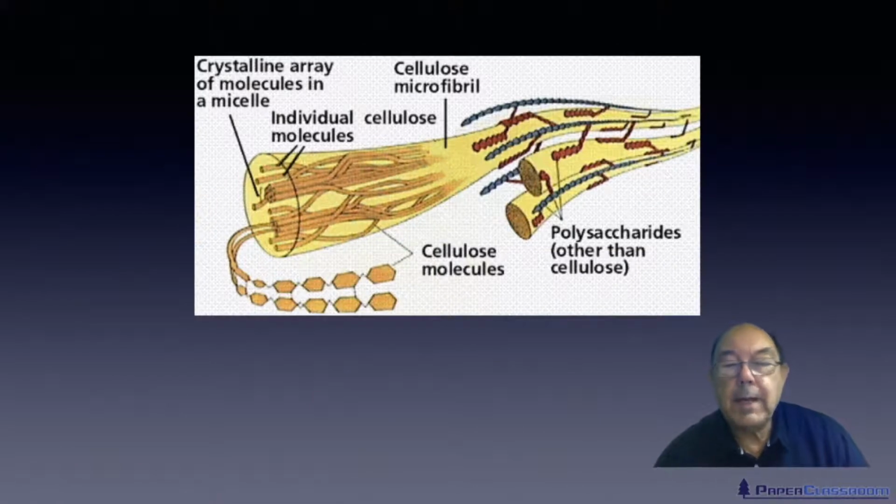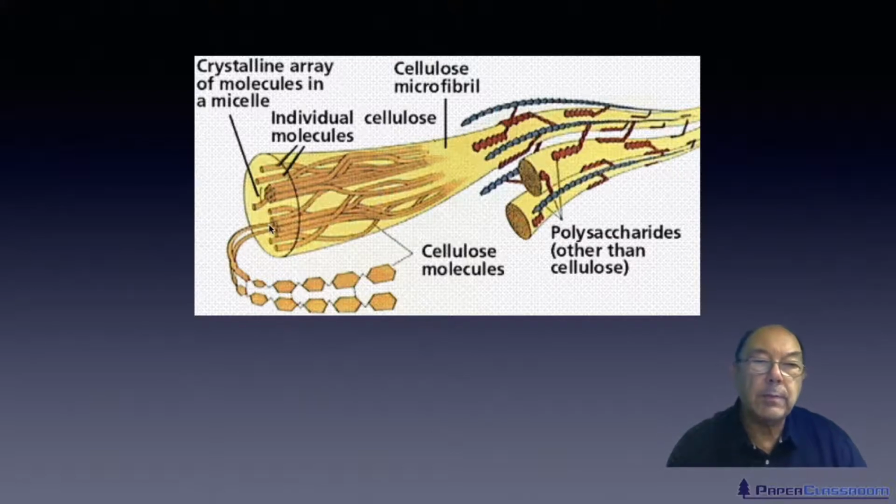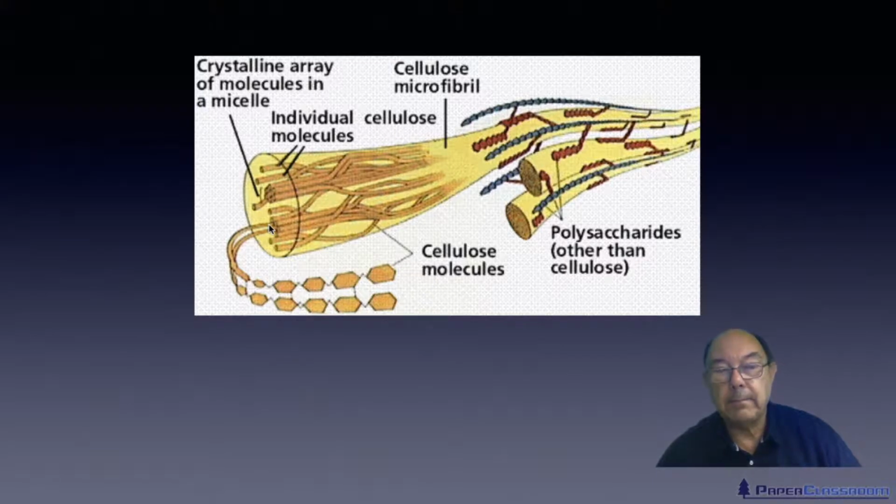Now what nature does then is it takes these chains of molecules. One ring on its own is a glucose molecule. When we string a lot of them together, we then have what we call a cellulose chain.